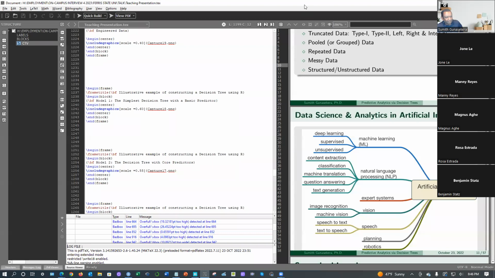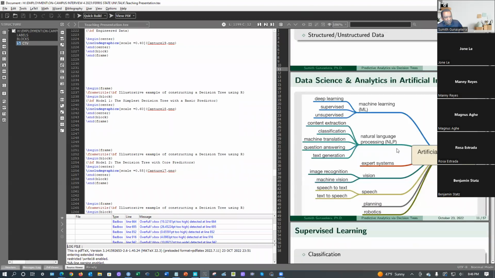It's coming under this one. See, all of artificial intelligence comes under this. There are several branches in artificial intelligence. Everything comes under this big umbrella: machine learning, neural networks, language processing, expert systems, vision, speech, planning, robotics, everything. Under this you have deep learning, supervised and unsupervised.